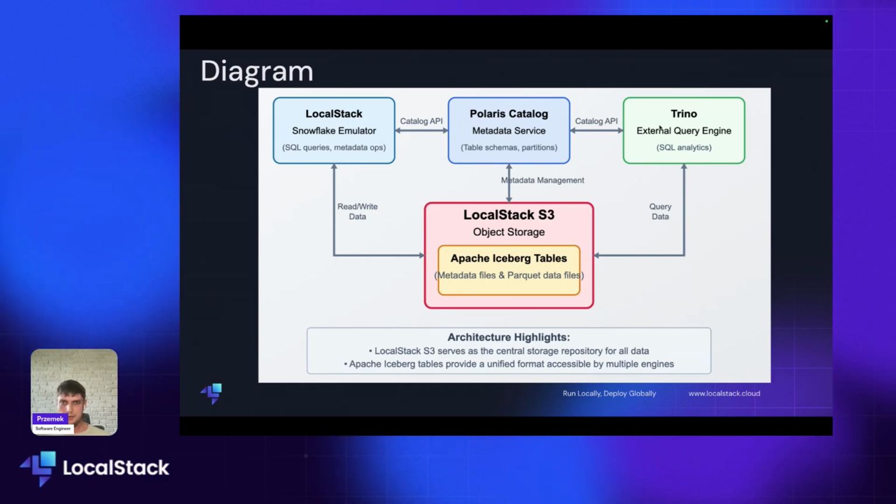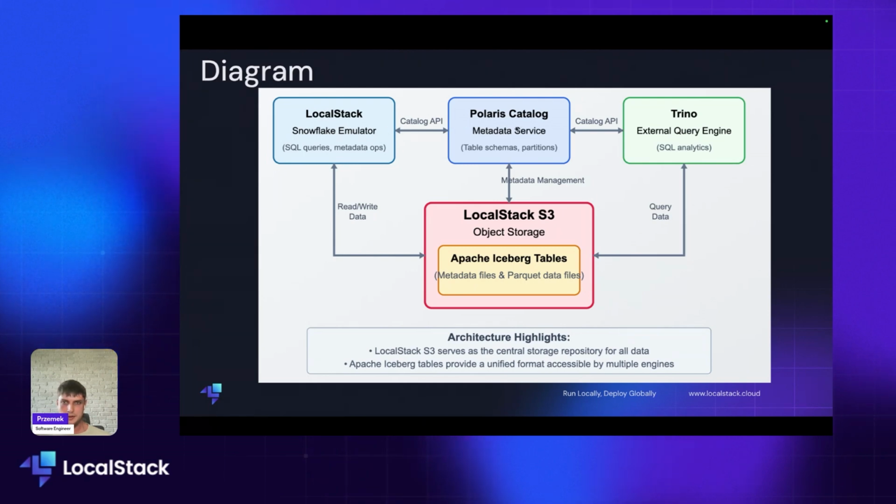So everything will be spun up using Docker Compose locally in 3 different images. So Polaris catalog is 1 image, LocalStack Snowflake emulator and LocalStack S3 are the 2nd image, and Trino is the 3rd image. And LocalStack Snowflake emulator would talk to Polaris catalog via catalog API.